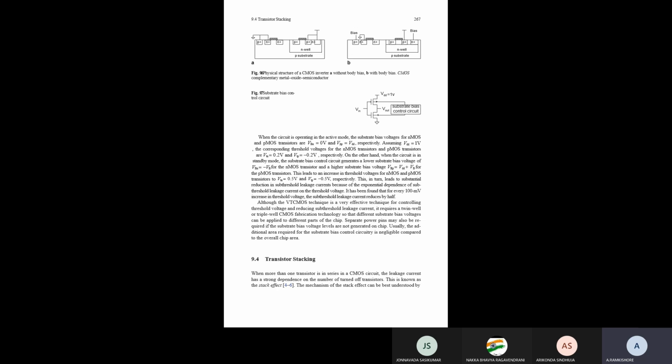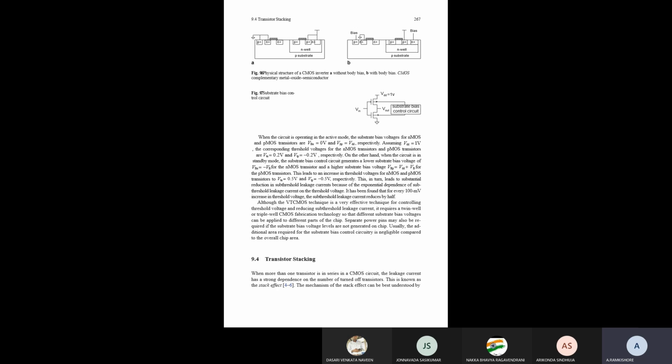So for a simple inverter, at the biasing terminals of both the PMOS transistor and NMOS transistor, we have connected a substrate bias control circuit. By using this approach, how we will control the leakage power, we'll see in today's class.